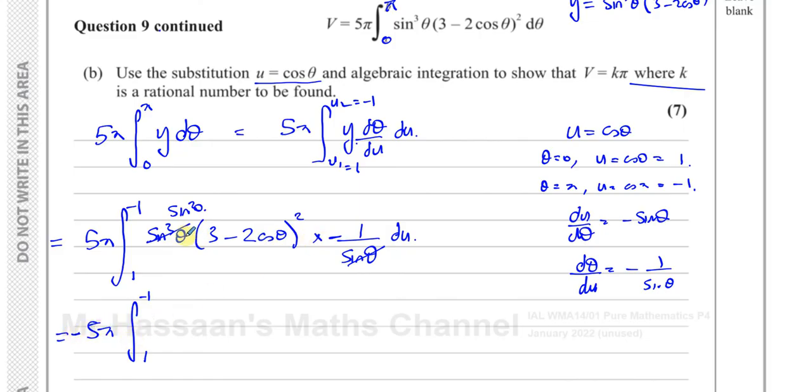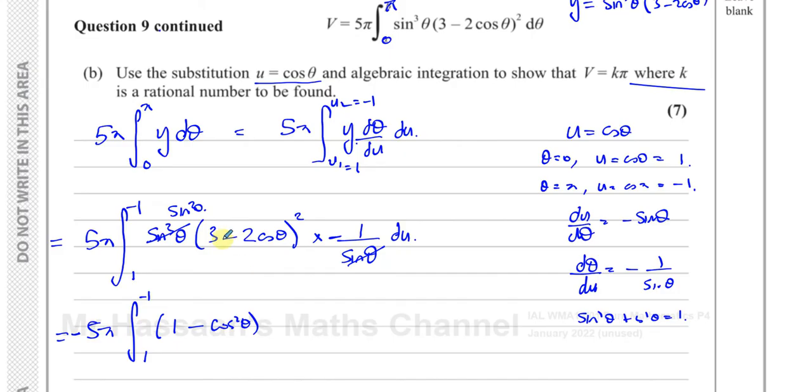And now we can deal with this. We have to change everything in terms of u. So this is sine squared theta, and we know that u is cosine theta. So this is 1 minus cosine squared theta, because sine squared theta plus cosine squared theta equals 1, and since u is cosine theta, that becomes 1 minus u squared.